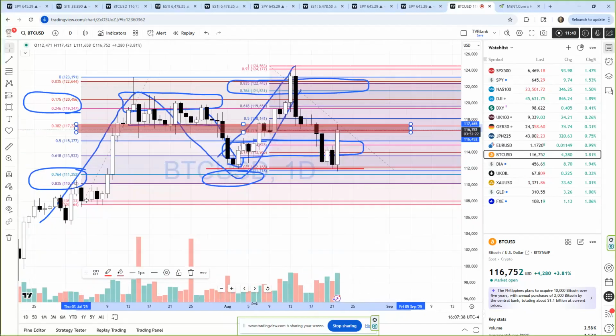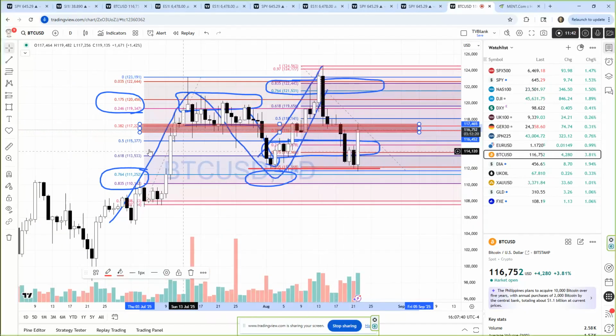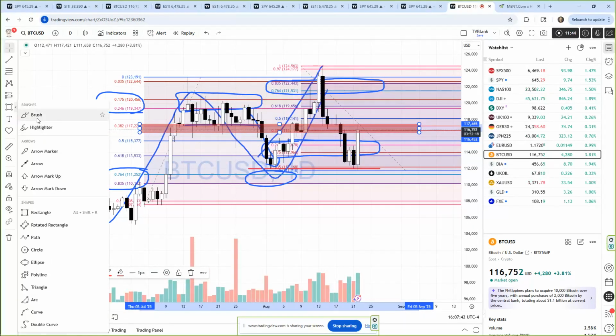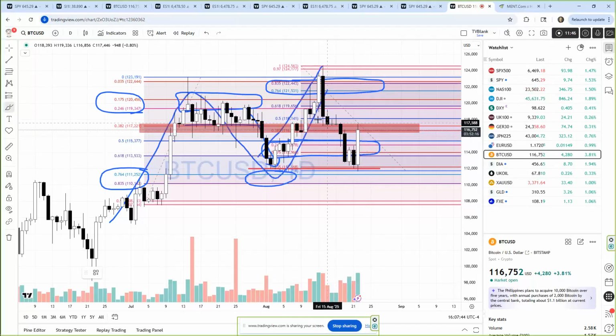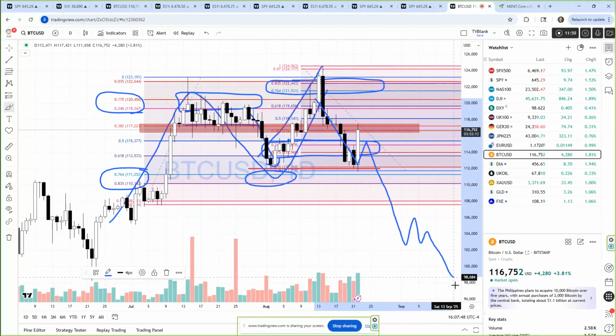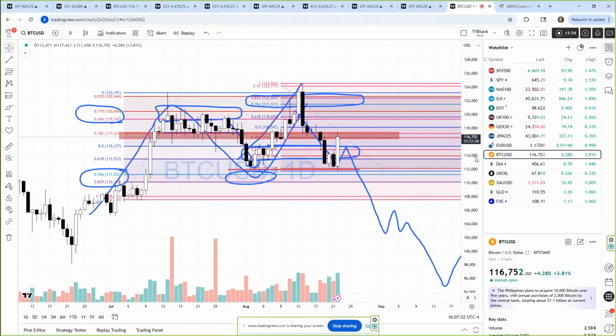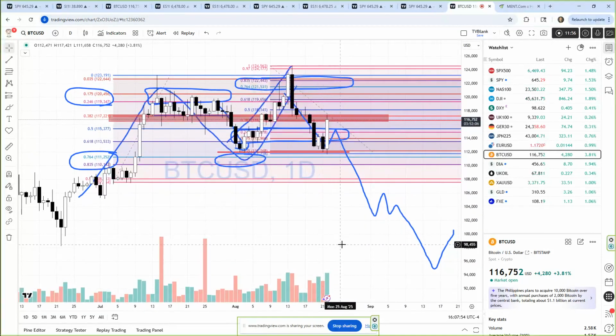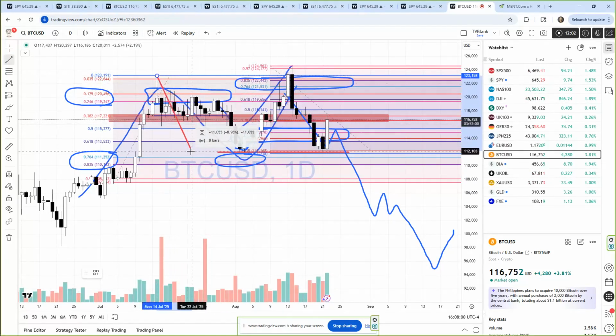But this breakdown mode sets up the potential of a very large move back down to the downside, targeting the 95,000, 96,000 area for Bitcoin. And how can I do this? I've explained it to you many times. Typically, the breakdown level is equal to the flag height. That's the flag height.